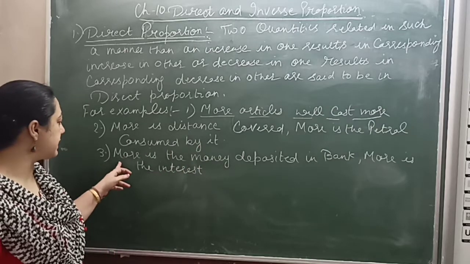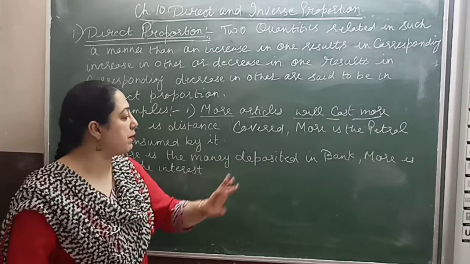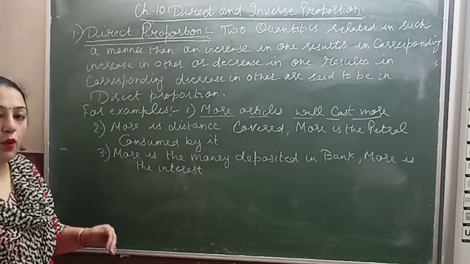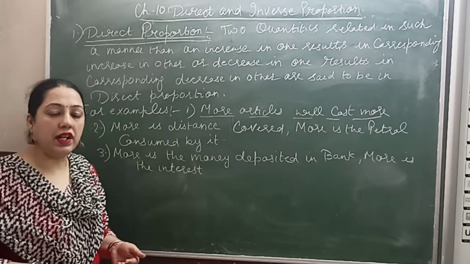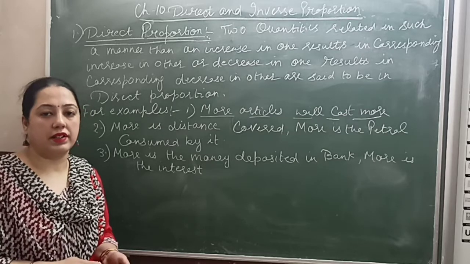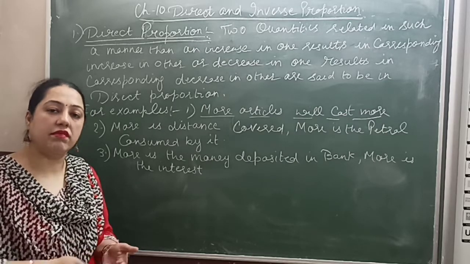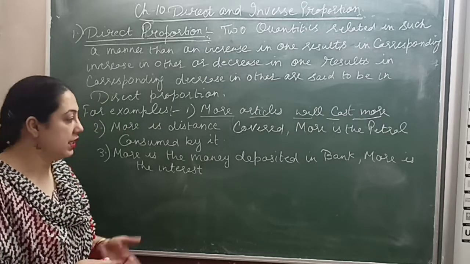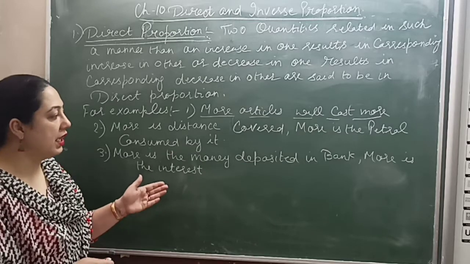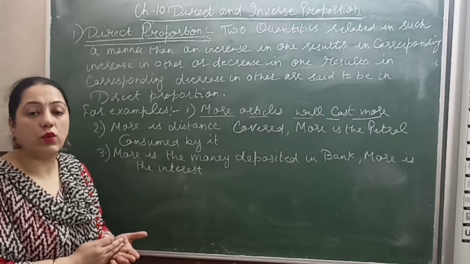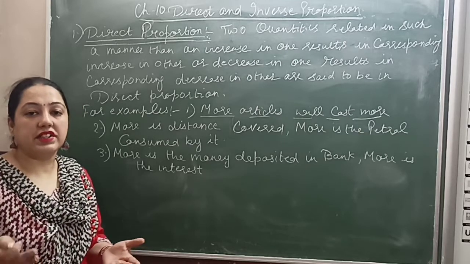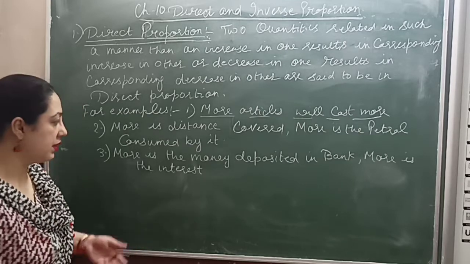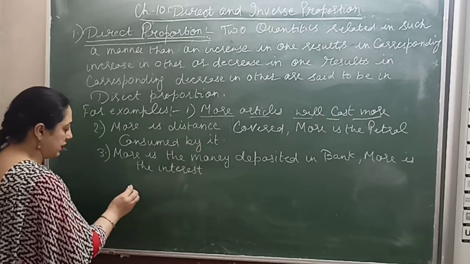Third example: the more money deposited in the bank, the more the interest. If you deposit more money, you will get more interest, and if you deposit less money, you will get less interest. So this type of variation, in which a change in one quantity gives us a change in another quantity, is direct proportion.